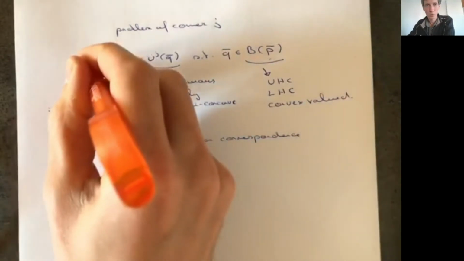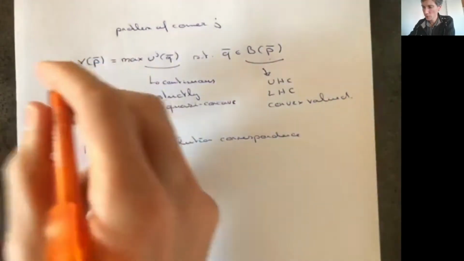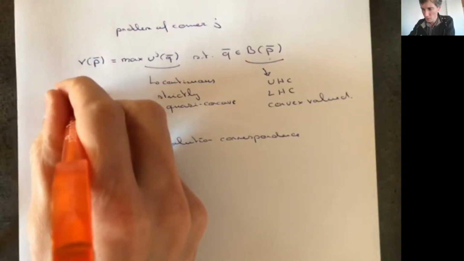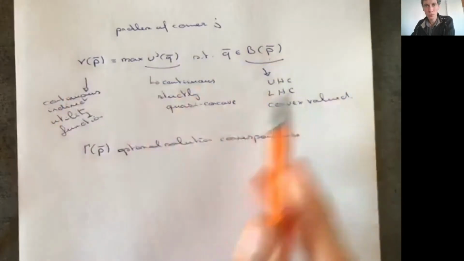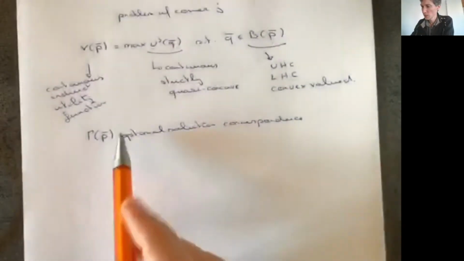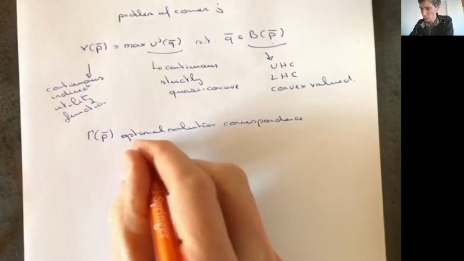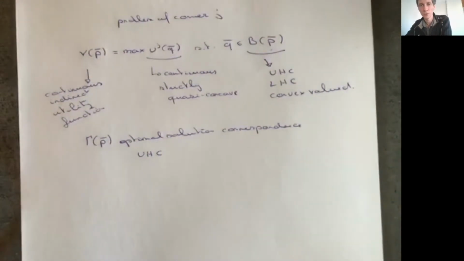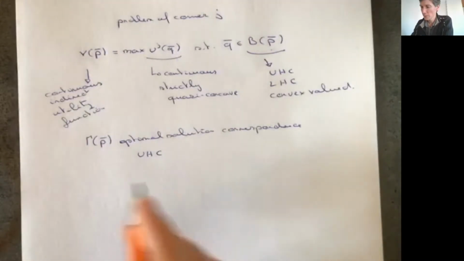We know that the indirect utility function is continuous, and this follows by Berge's maximum theorem. The optimal solution correspondence will be upper hemi-continuous, also by Berge's maximum theorem, because all the conditions are satisfied.